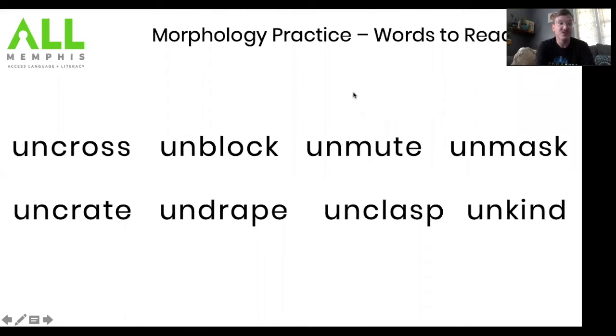All right, you know the drill. The first thing we're going to do is write all of these words down on your paper. So I'll underline and you write. Awesome, let's write down this word. Great. Let's write down this word.